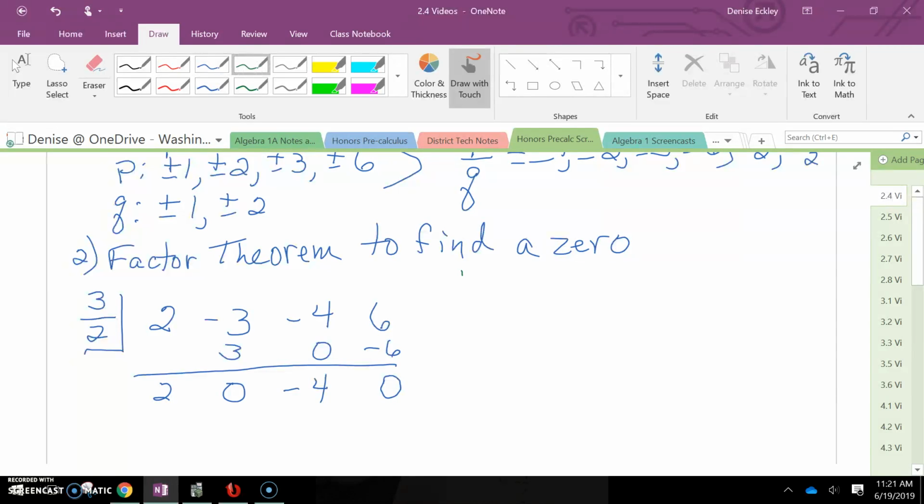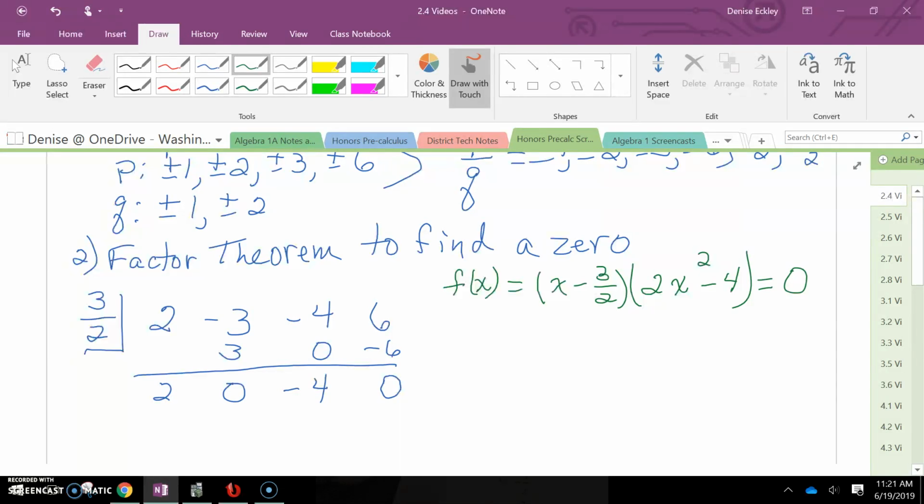So now, here's what our polynomial looks like. We have our factor of x minus 3 over 2, and what is left of the polynomial is 2x squared minus 4. And what we want to do then is set that equal to 0. Now the nice thing is because this is a quadratic, we can use the quadratic formula.